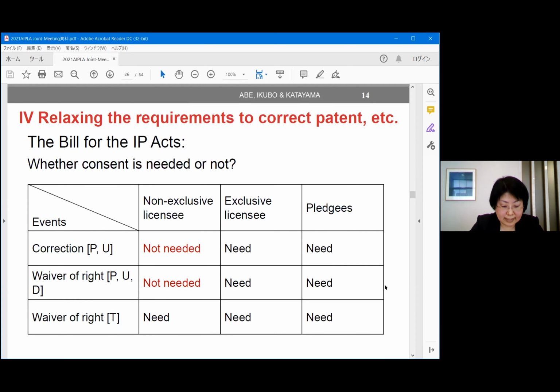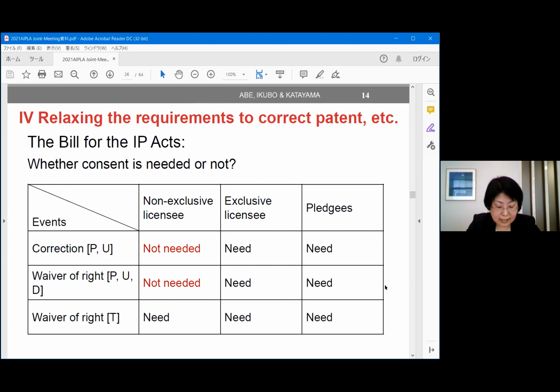And in the Patent Act, Utility Model Act, and Design Act, in case of waiver, the right holder does not need to obtain consent of non-exclusive licensees. On the other hand, in the Trademark Act, in case of waiving a trademark right, the right holder still needs to obtain consent from non-exclusive licensees.